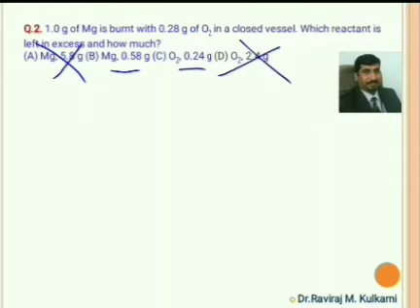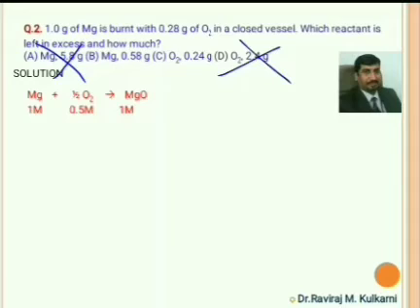We will see. Once we know which is in excess, we can tell which option is correct. One is magnesium, another is oxygen. So solution. Magnesium reacts with half a molecule of oxygen giving magnesium oxide. That is 1 mole of magnesium is equal to 0.5 mole of oxygen giving 1 mole of magnesium oxide. What is the molar mass of magnesium?